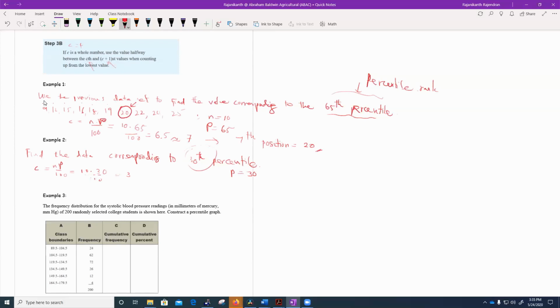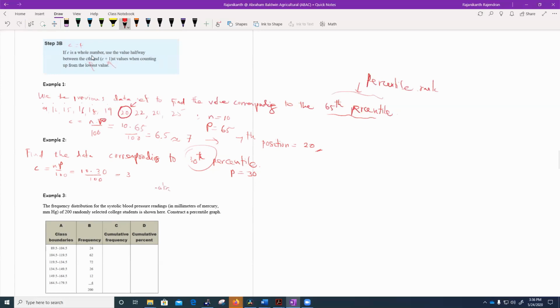So if you get a whole number, what does the procedure say? If C is a whole number, then you have to look at two data values, which are the C and C plus 1 positions, right? My C is now 3. Therefore, I'm going to find my data value.